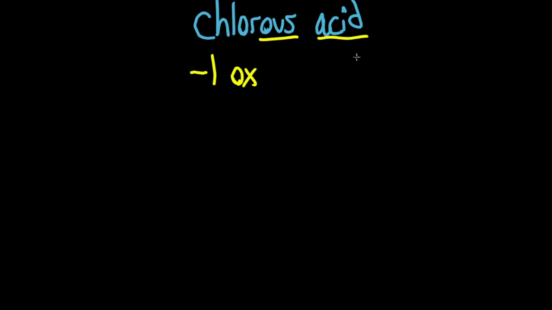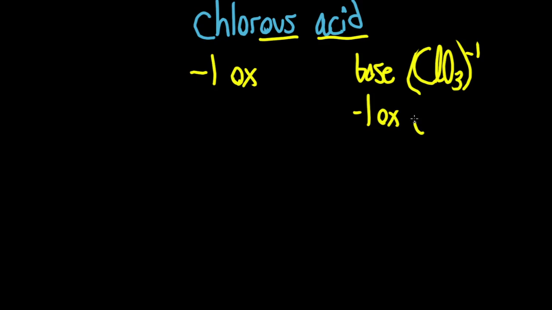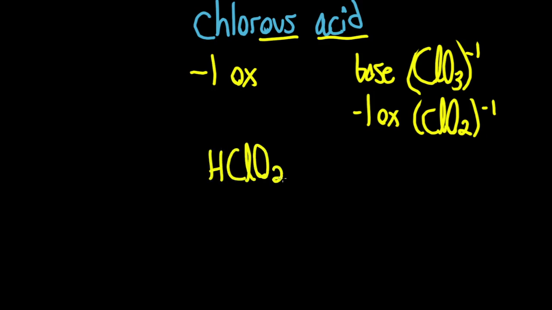So my base is ClO3, my -1 oxygen is going to be ClO2 with the -1. So chlorous acid is going to be HClO2.